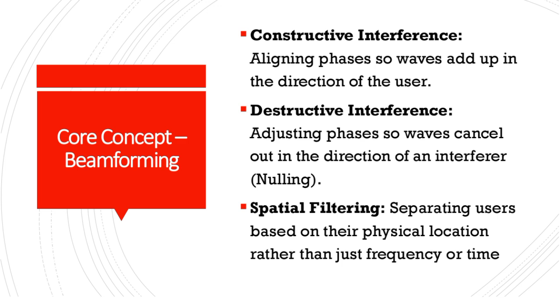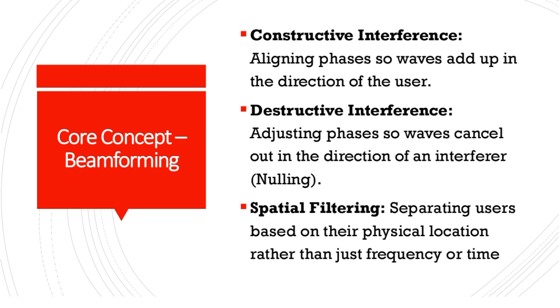When you are adding two signals, the output you call constructive. The same thing here also. Whenever you are aligning the phases, the waves add up in the direction of the user. That is called constructive interference.